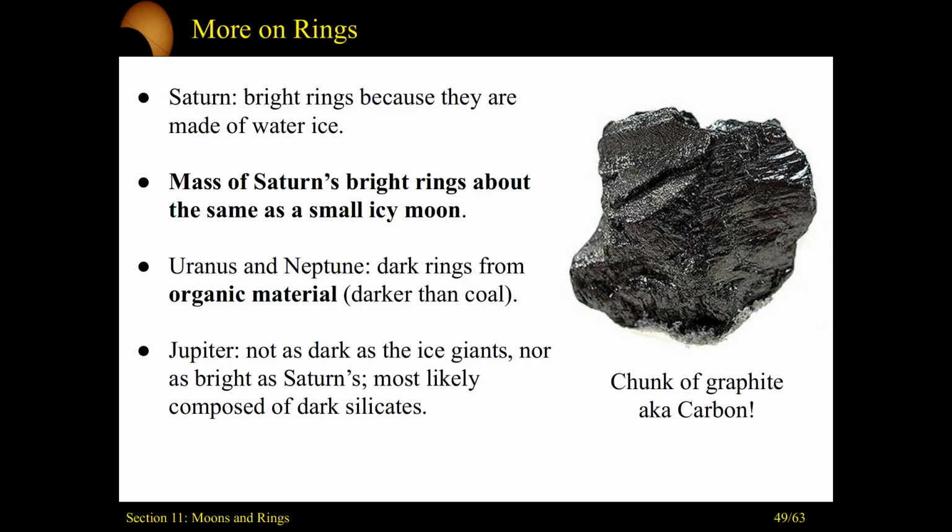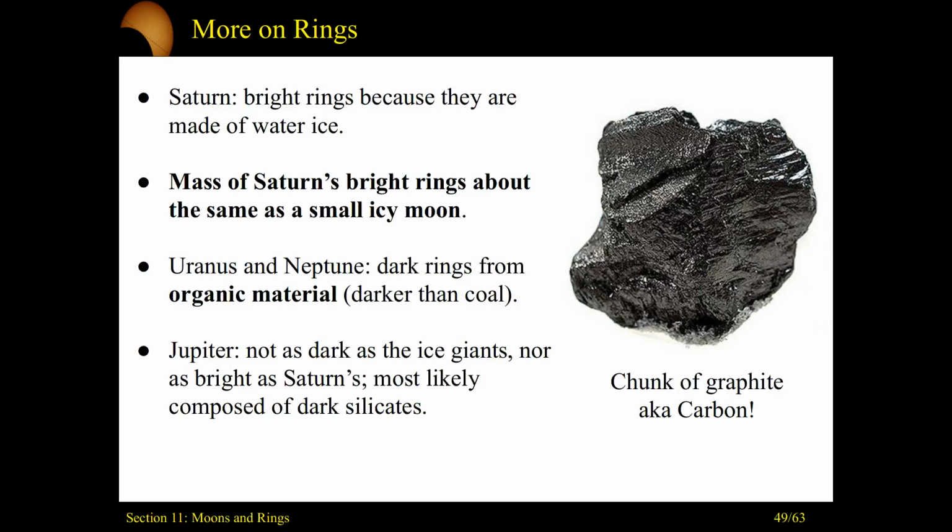Now, why would the carbon-based stuff be dark? Well, here's a nice chunk of graphite, and as you can tell, it's very black material. It's a very dark substance. Carbon in a more relaxed state, not compressed down to diamond, that's a different topic.